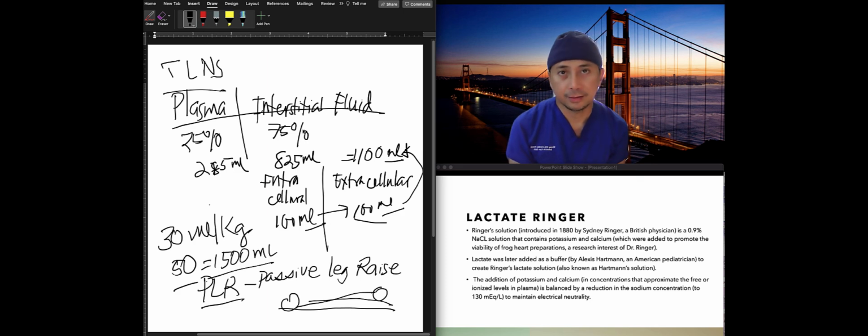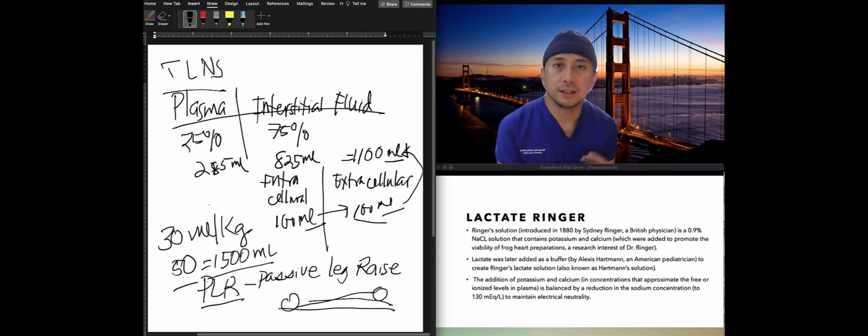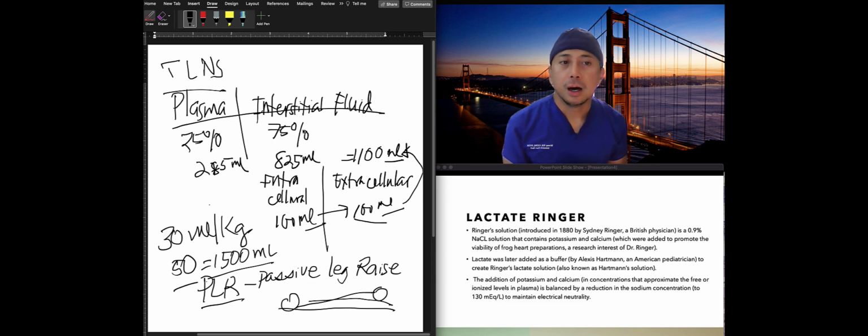So if they're no longer fluid responsive, you did a PLR and nothing happens to their blood pressure, then of course you probably don't need volume. If you're in a hospital where you're using the Cheetah machine, it tells you if your patient is fluid responsive or not. So that's just something that I want to share with you guys.